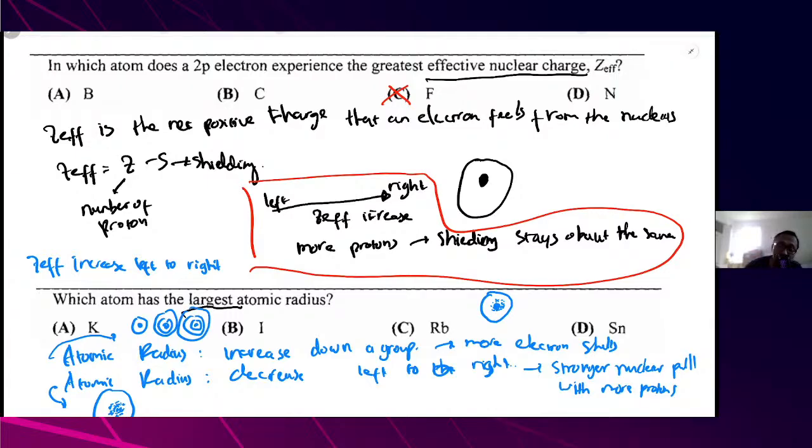So it will be much bigger than the previous one. Remember, for top to bottom, the radius will be increasing because of more electron shells. But for the row or period, left to right, it will be decreasing because we have many more protons, causing a stronger pull from the nucleus.